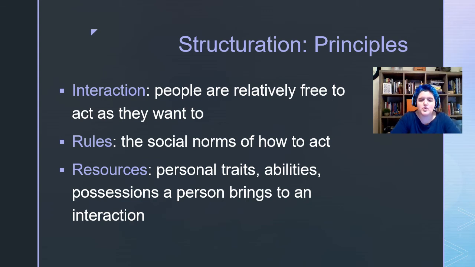And so as you are interacting with people and negotiating the rules and social norms of how to act, your own resources can change what things happen to you as you are making those choices and negotiating those rules.